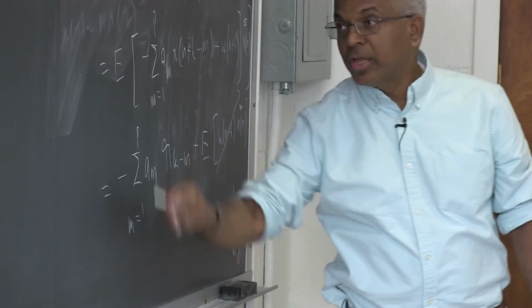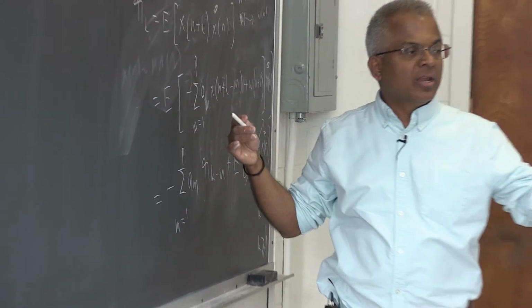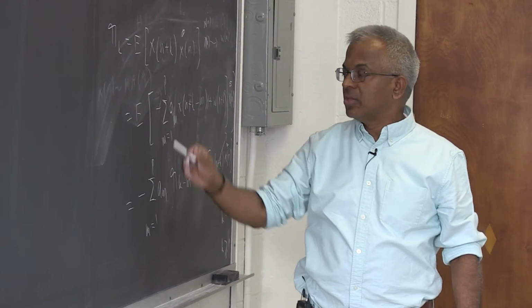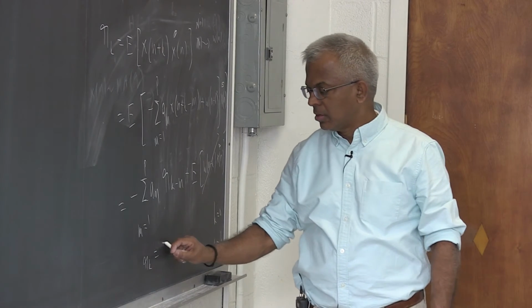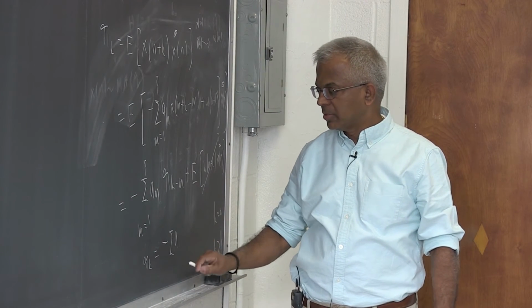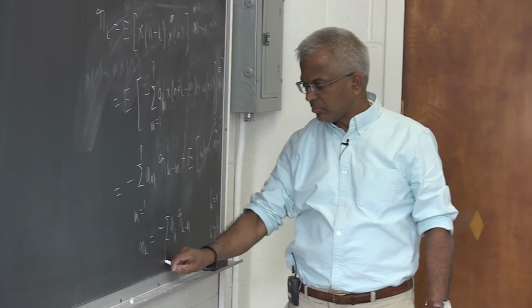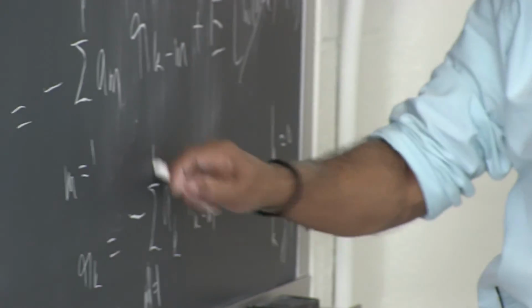You can already begin to see the structure in an AR process. R_k depends on minus sigma a_m R_{k-m}, m equal to 1 through p.